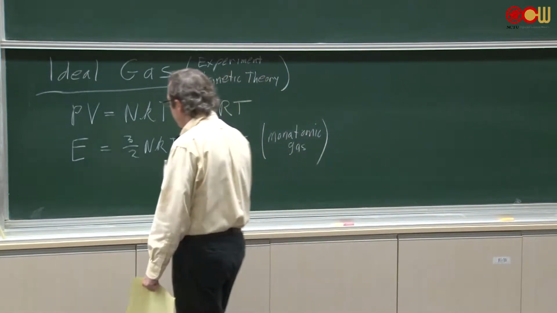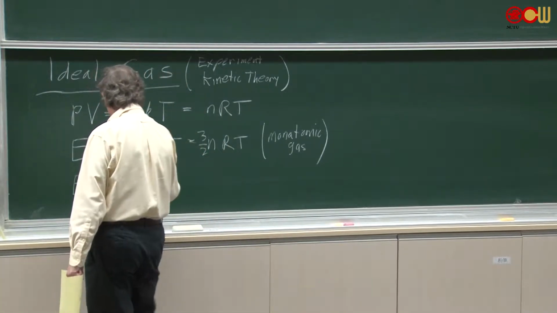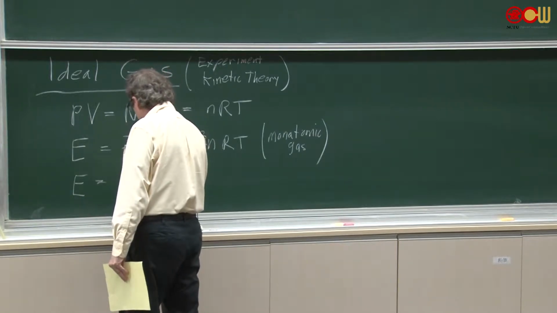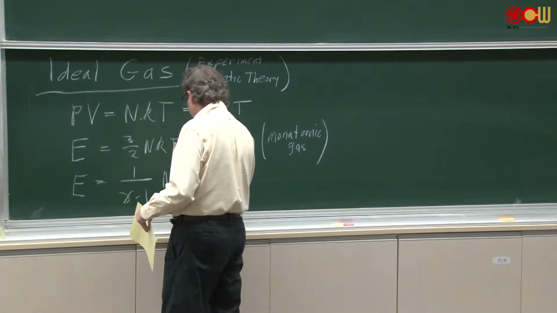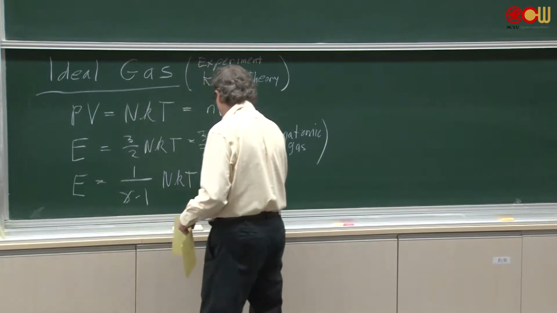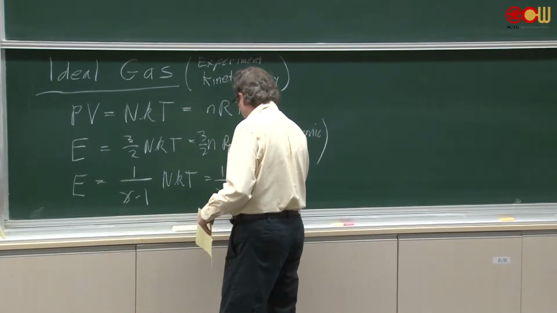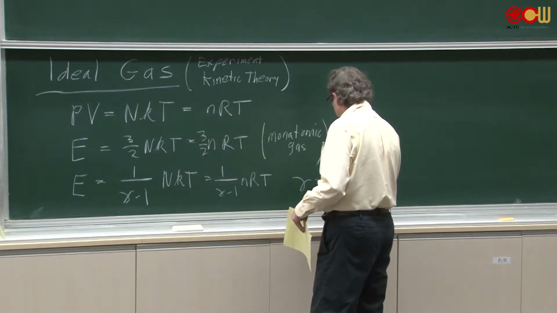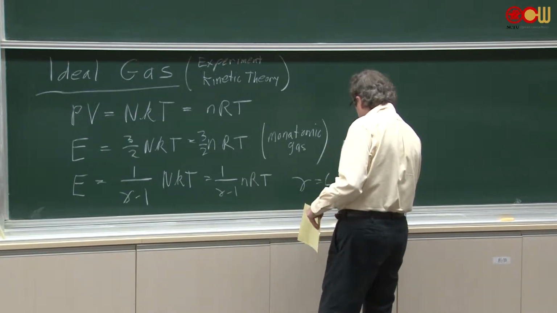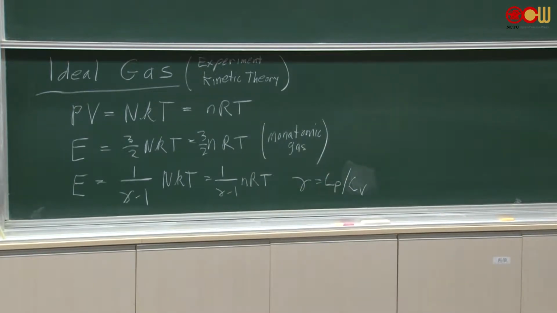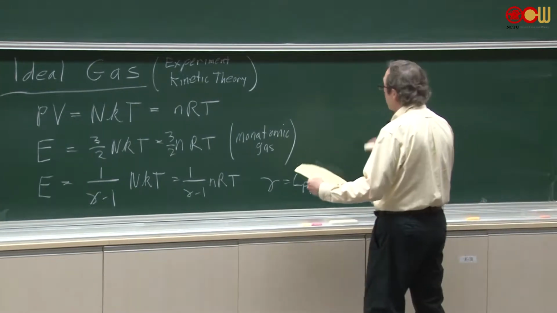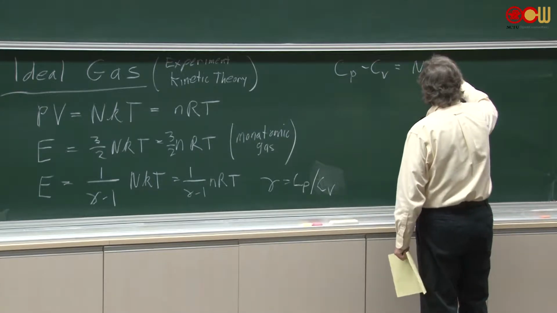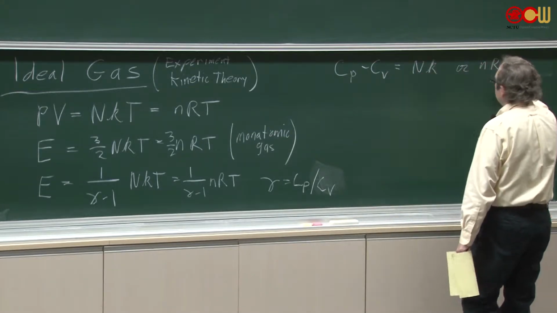More generally, E is just 1 over gamma minus 1 times NkT, or 1 over gamma minus 1 times nRT, where gamma equals Cp over Cv. So we have that result. And we have a couple other results. We know Cp minus Cv equals Nk, or nR, depending on the units you use.